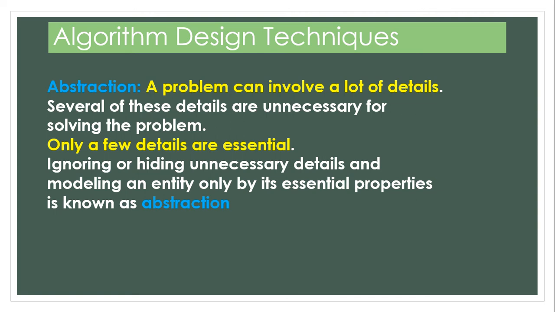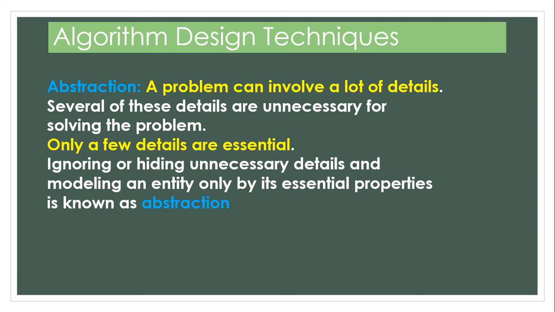So when we have to solve a problem, we have a lot of things. Many things are needed, many things are given also, but we have to take only the essential items to solve the particular problem. We don't want all these items. See, in our kitchen we have a lot of food items.